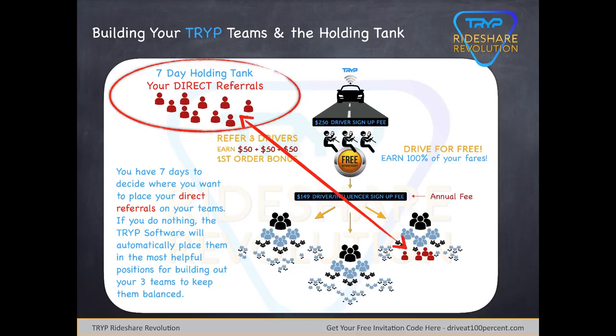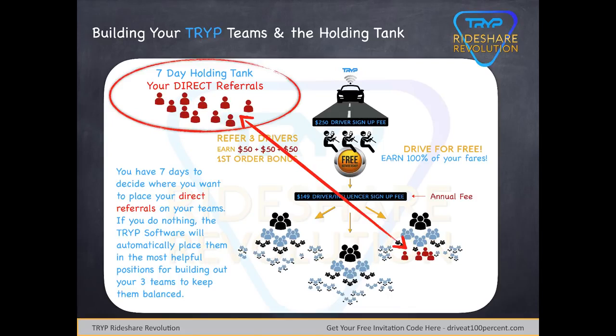So all of your direct referrals initially are going to go into this holding tank on the software. And what that's going to allow you to do is if you have anybody on your team that you want to be positioned in a specific place on one of your teams, you can place them wherever you would like.